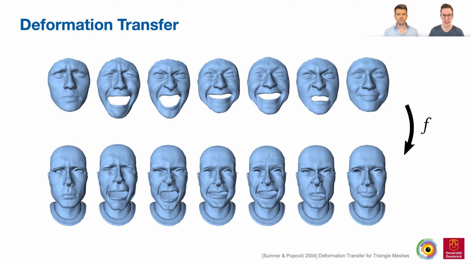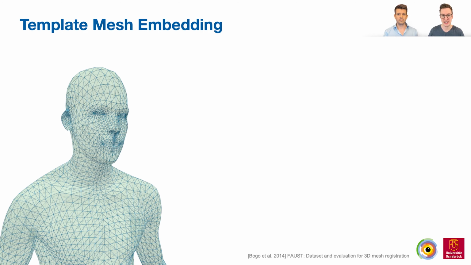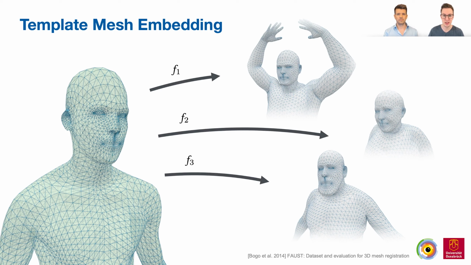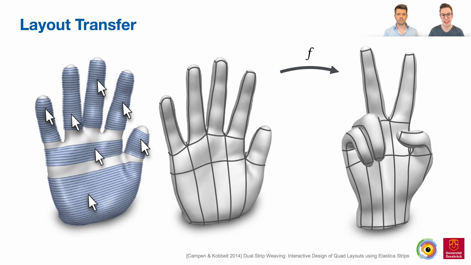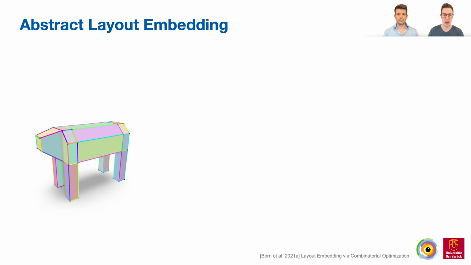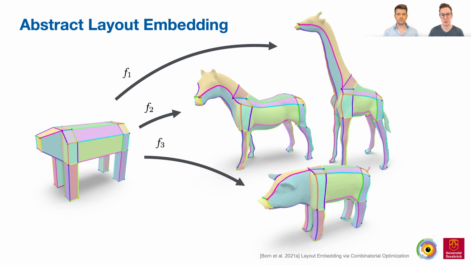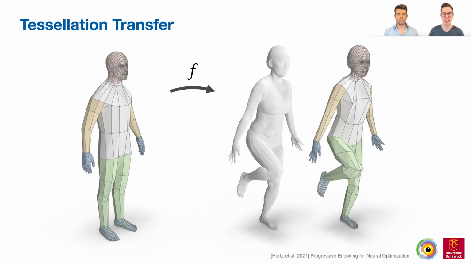The same goes for other things that have been designed once with a lot of effort, like particularly structured tessellations that we want to use for multiple models, or patch layouts, here generated manually on one surface and then transferred to another, or an abstract layout to be embedded into multiple target surfaces, or particular templates with semantic annotations, and so on. So by using good surface-to-surface maps, one may be able to fully or partially reuse work that has been done on one model, or maybe even apply it to multiple models right away.